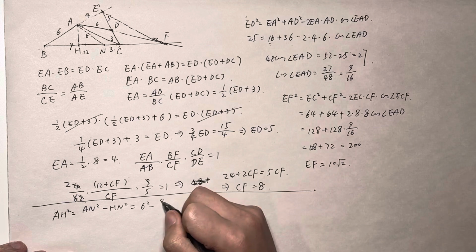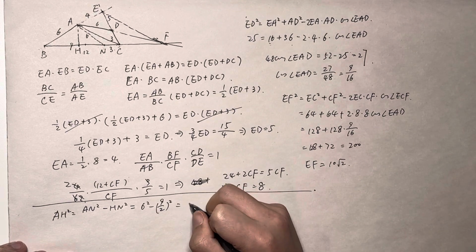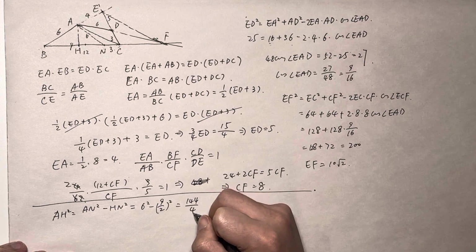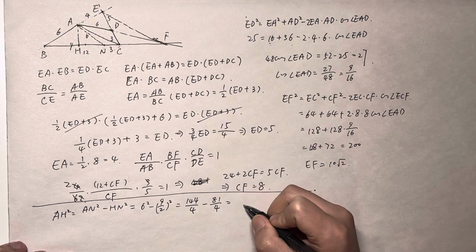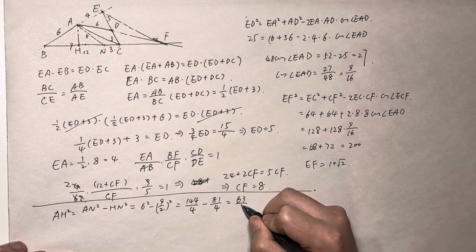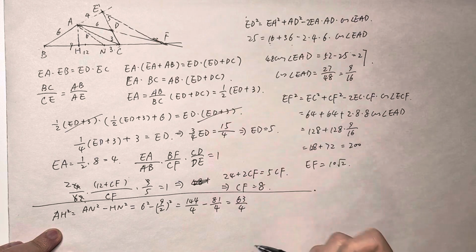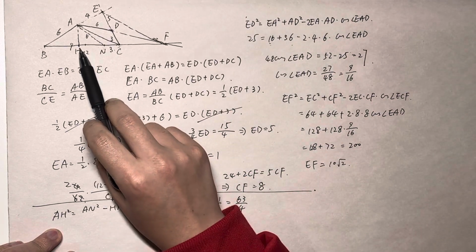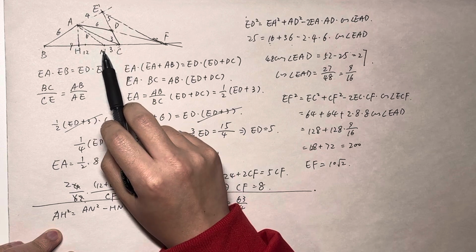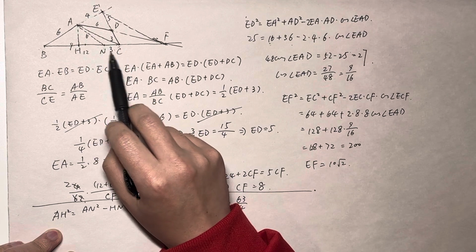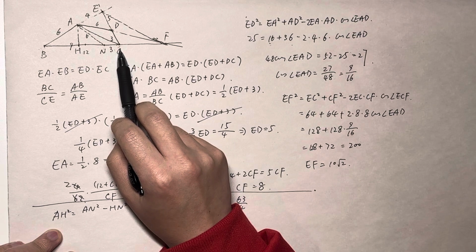AH squared equals 144 by 4 minus 81 by 4, which equals 63 by 4. And we know HN equals 4.5 and NC equals 3, so HC equals 7.5.